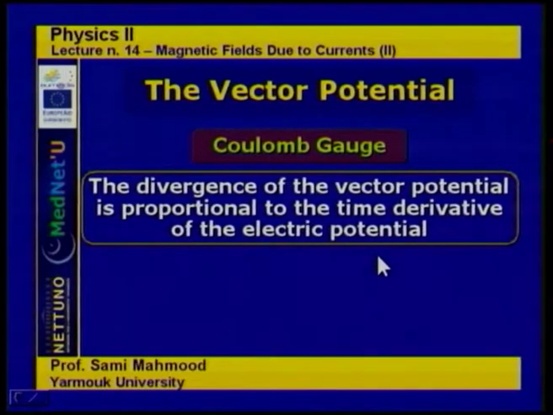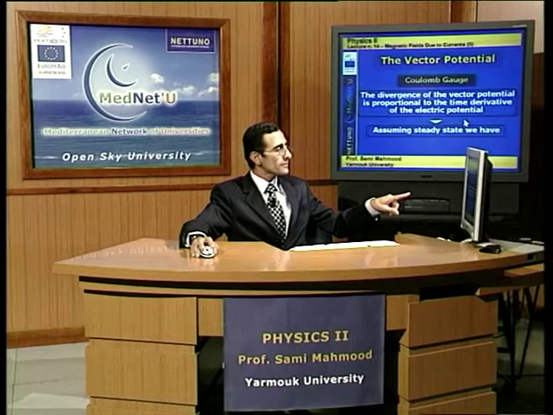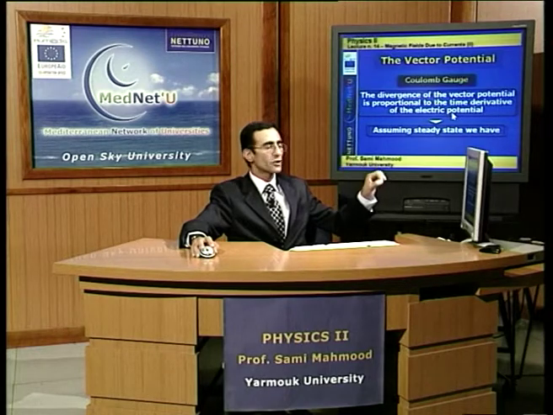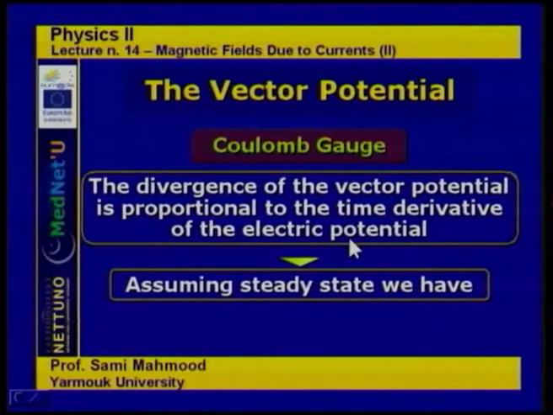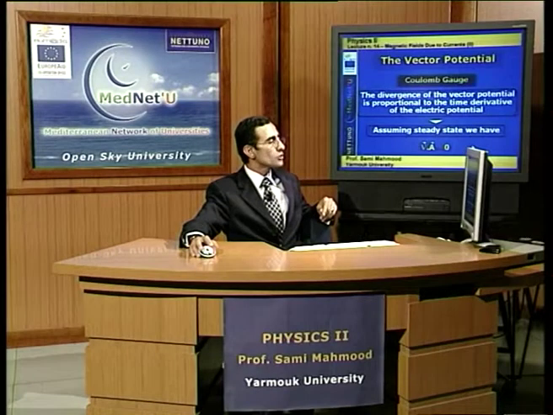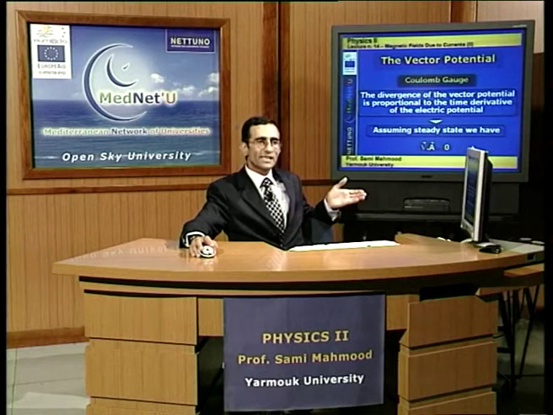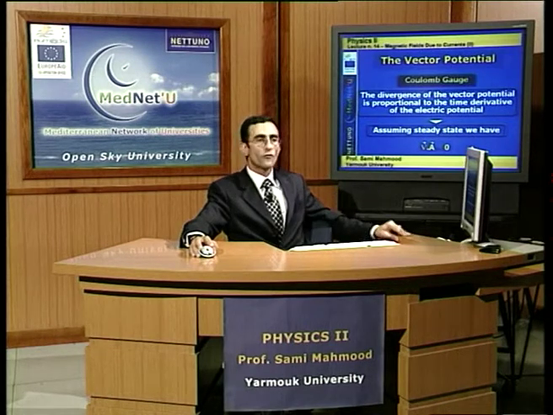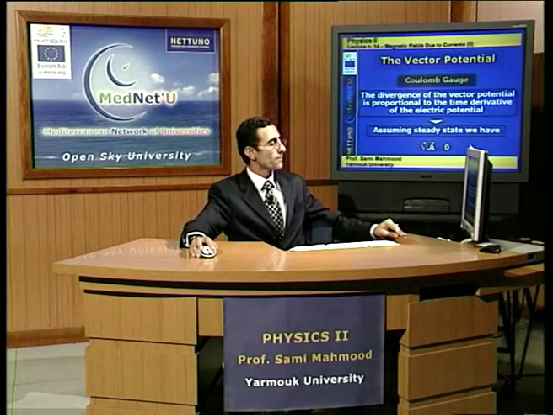Since that is true, then in the steady state, where we have no time dependence of the potentials, the time derivative of the electric potential is 0, which means the divergence of the vector potential is 0. So div A is equal to 0. This is called the Coulomb gauge, which is applicable in the steady state because we have no dynamical effects, no time dependence of fields.